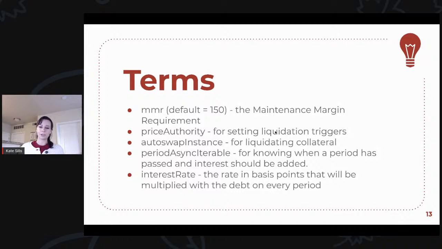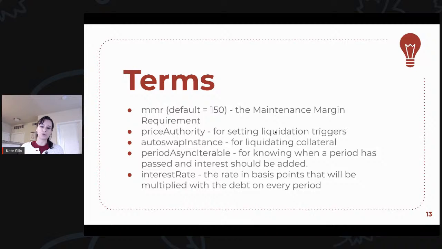There is the price authority, which we saw earlier, and that is used for setting the liquidation triggers, among other things. We're also going to take in an auto swap instance. Auto swap is our constant product AMM, so similar to Uniswap. And we're going to actually be using that for selling or liquidating the collateral, if it comes to that.